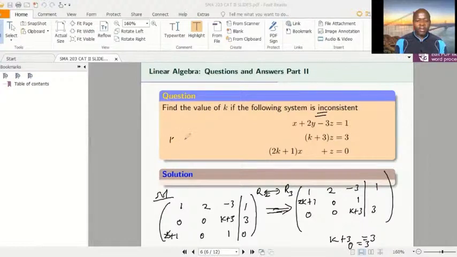Just equate K plus 3 to 0 and find that K is negative 3. So if K is negative 3, then I will have 0 equal to 3, and that means the system will be inconsistent.